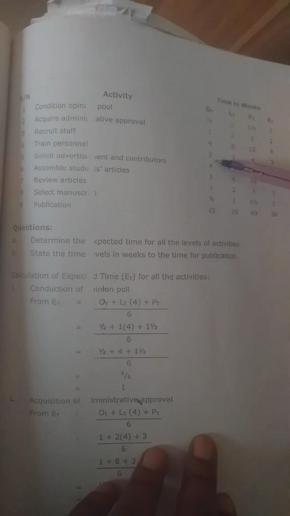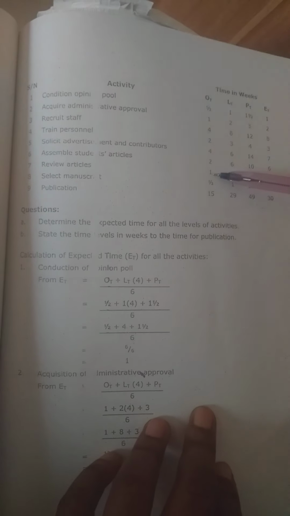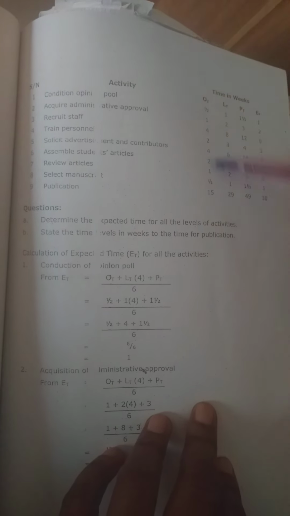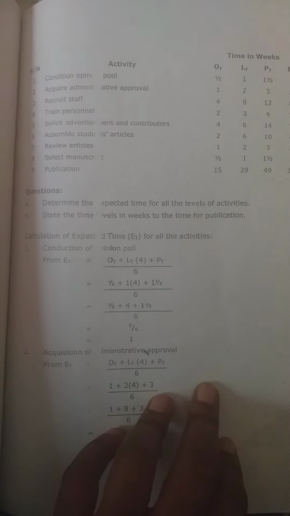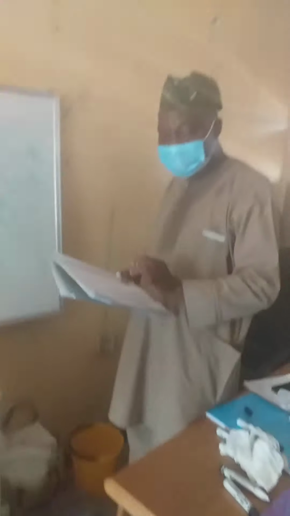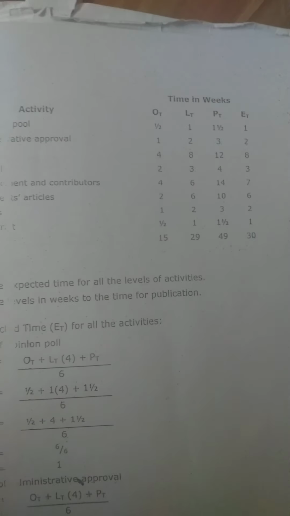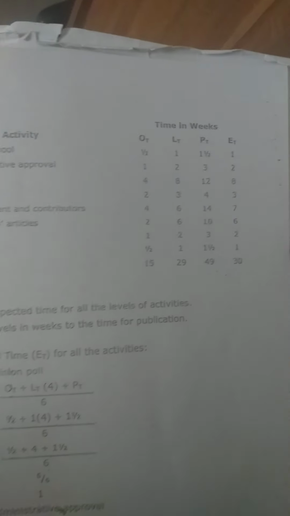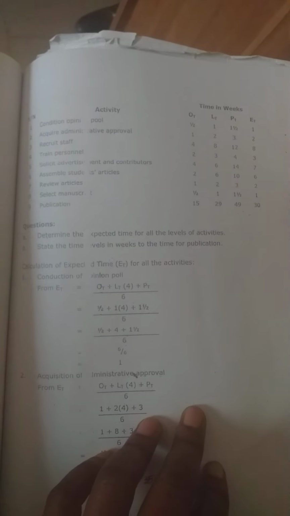So to determine the time levels in weeks to the time for publication, there are 2 ways we can do it. The first way is look at all the expected time determined and add everything up. If you add everything up, you are going to have it up to 30.